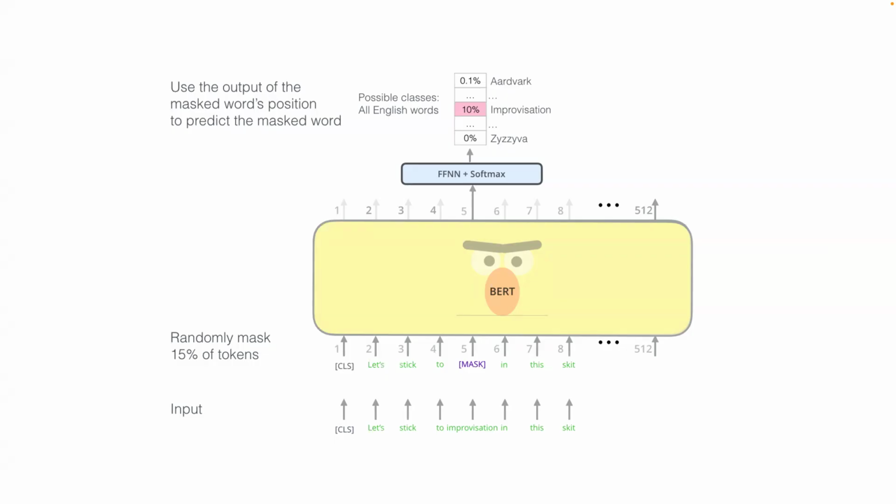And what is the task? The task is to predict the probability of this word. So you have a model that reads this sentence from left to right, and also from right to left. This is the word to be predicted, and you are going to maximize the probability of the correct word.